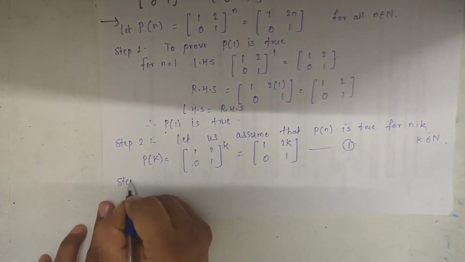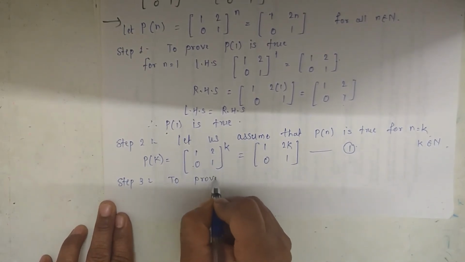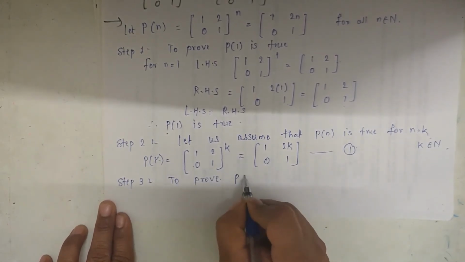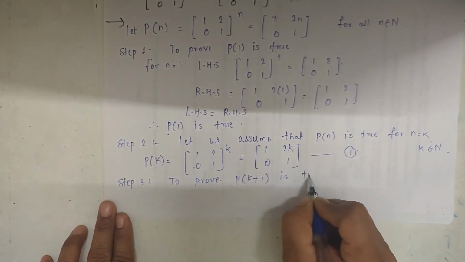So the step 3 is to prove P of k plus 1 is true.